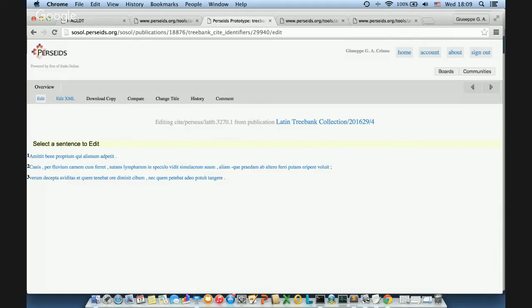Yes, it is, in the sense that Arethusa and Perseids in general are open to any language, basically. The only thing that you need to come up with are the right tag sets, the set of labels, for example.